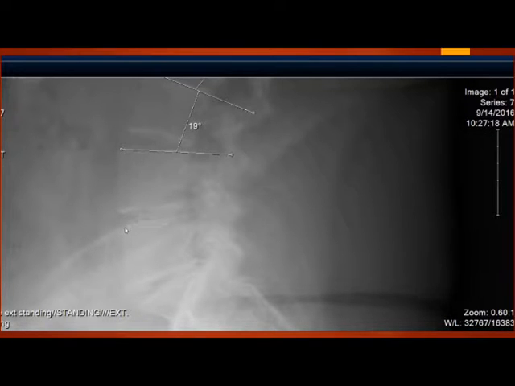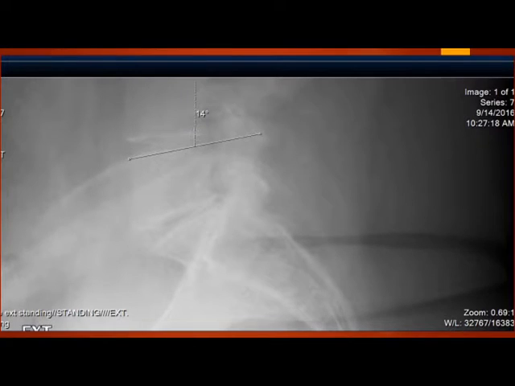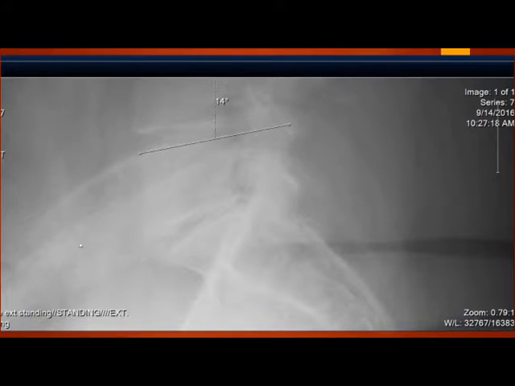L4, L5 angle. -14 degrees, not quite as much motion there. And then finally L5-S1, and let's really zoom in on that. Angle is right here.